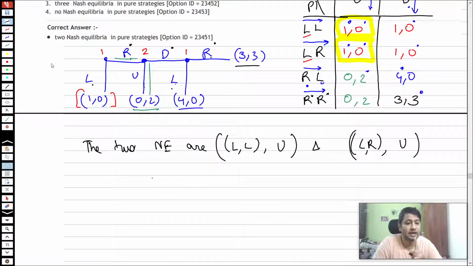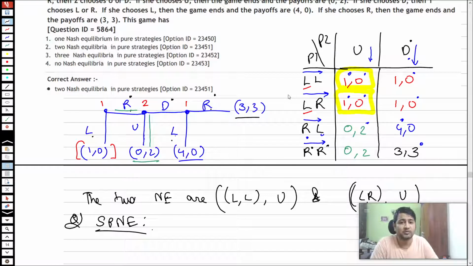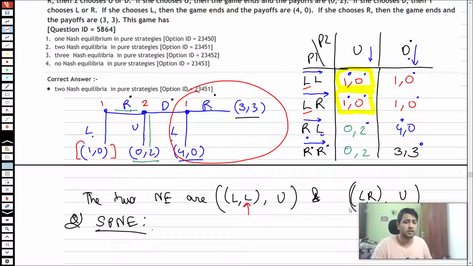Now what they do not ask, and this is a deviation from all the previous years, is that in previous years they would have asked to find the subgame perfect Nash equilibria. The subgame perfect Nash equilibrium out of these two is the one which is perfect in every subgame. If I focus on this subgame, because this is essentially the difference between these two strategies, the strategy difference is what player 1 does in this node.